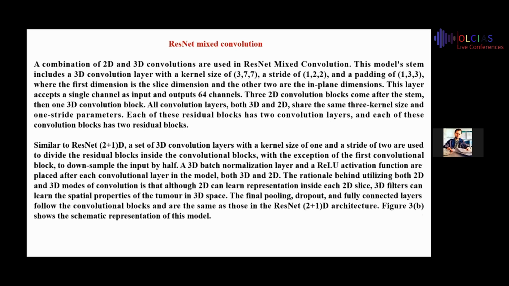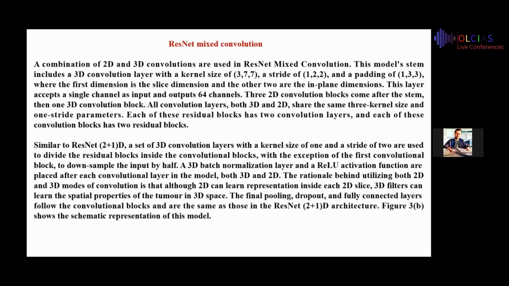Moving to ResNet Mixed Convolution, a combination of 2D and 3D convolutions are used. This model's stem includes a 3D convolutional layer with a kernel size of 3,7,7, a stride of 1,2,2 and a padding of 1,3,3, where the first dimension is the slice dimension and the other 2 are in the plane dimension.